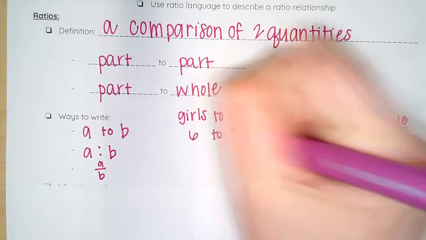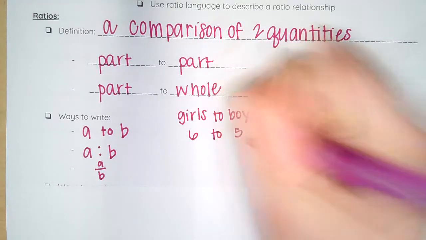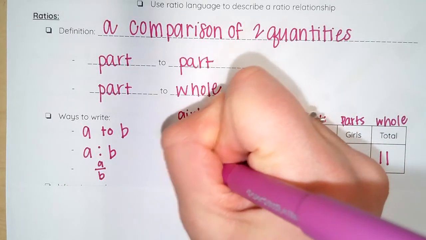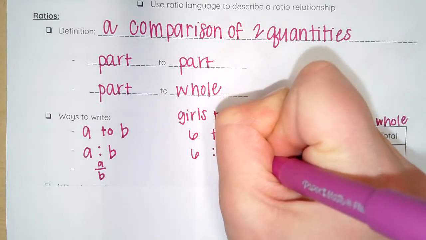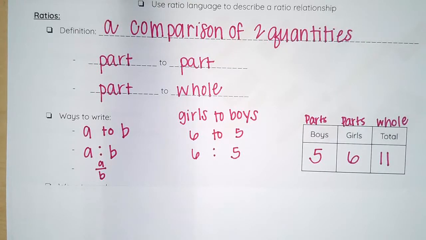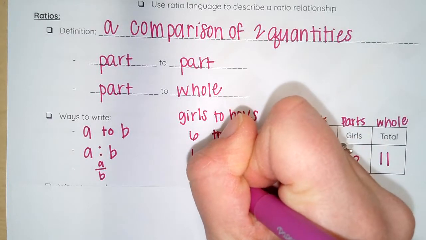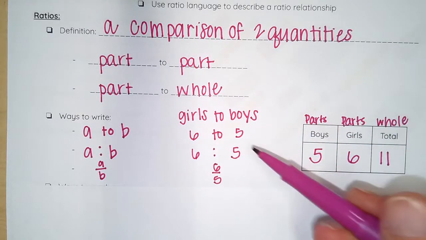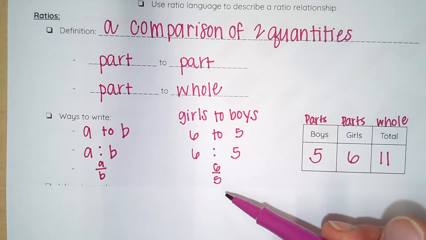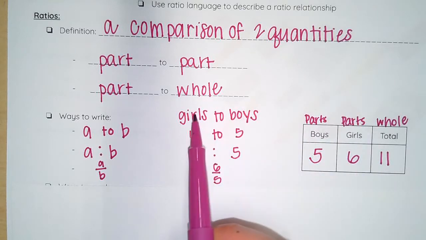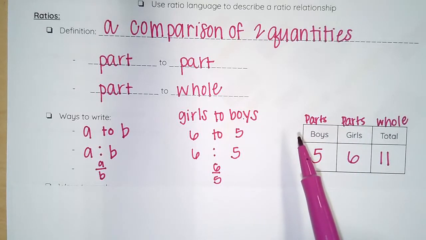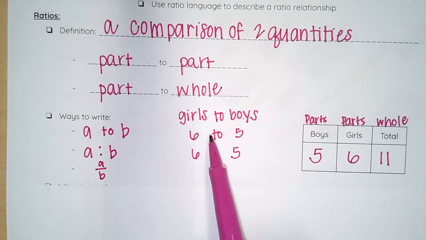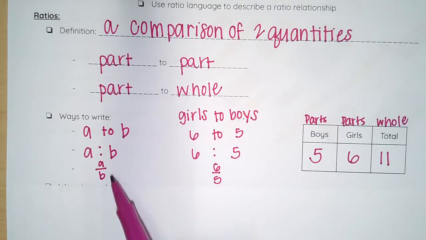So we could write 6 to 5, or 6:5, or 6 over 5. Whichever way you choose to write your ratio, you need to make sure that you are doing it in the order that is stated. So these are the ways to write a ratio.